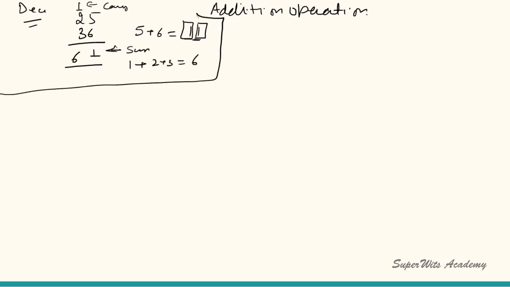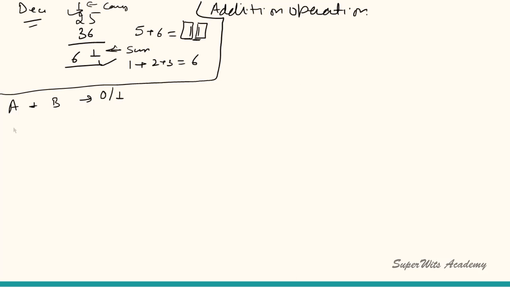In binary also a similar kind of pattern is followed. We work on the sum part, and we work on the carry part too. Let's say I talk about two inputs A and B, both having certain values. Each of these inputs can have either 0 or 1.